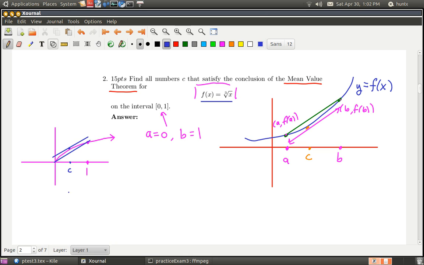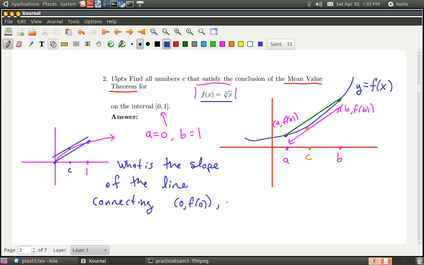We need to know a couple of things. One thing we need to know is, what is the slope of the secant line? Let's find that first. What is the slope of the line connecting 0, f of 0 and 1, f of 1?